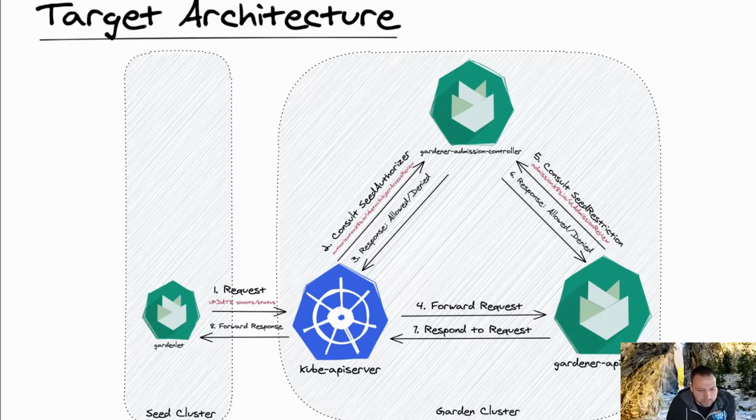For example, create requests where there is not yet an existing vertex in this graph because the resource simply does not yet exist. This cannot be handled by the authorization handler because, as said, in the graph there is nothing it could check. I see. So for create requests, we might need the request body, the object, to correlate this to a particular seed.